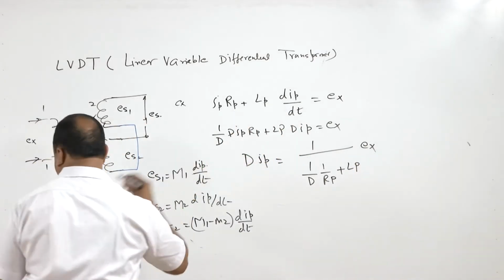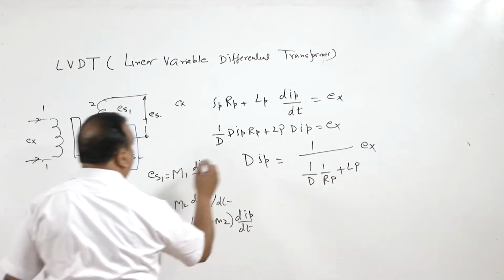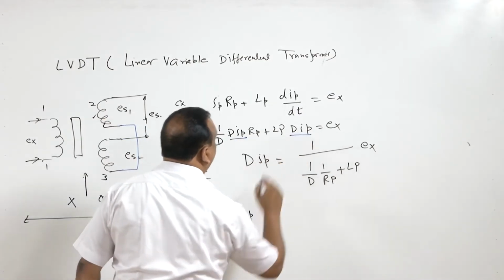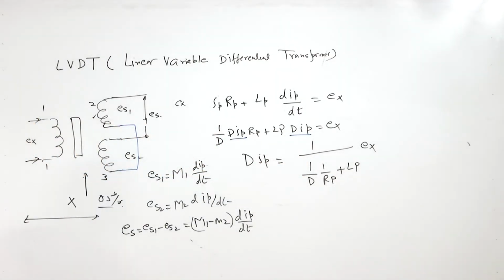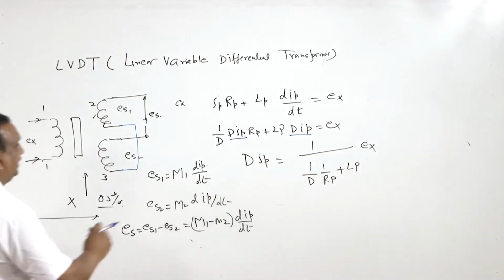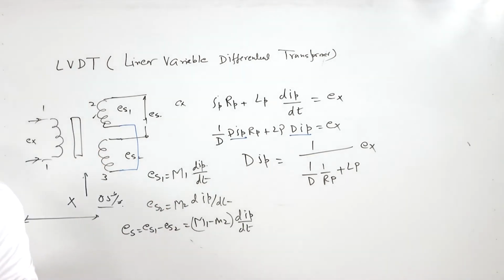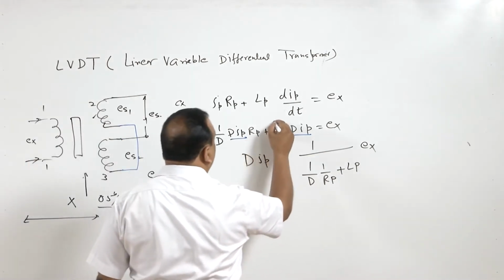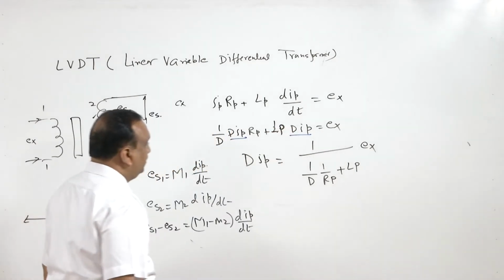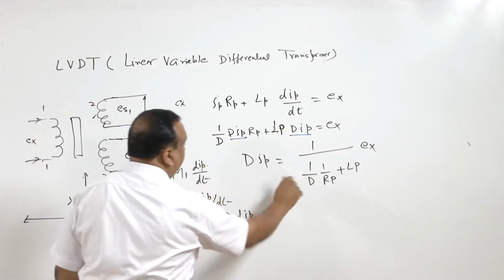Just dIP from here and dIP from here can be taken out, and once we take the dIP out, this is LP, right? So we are going to get this expression.